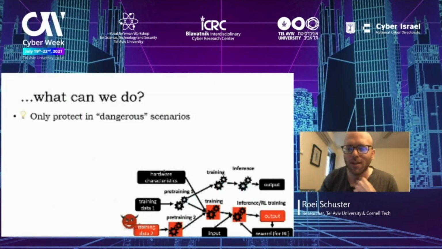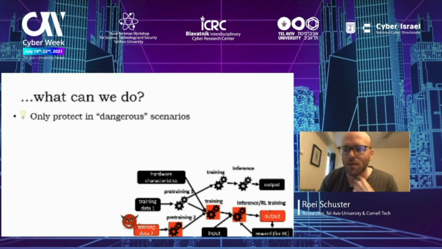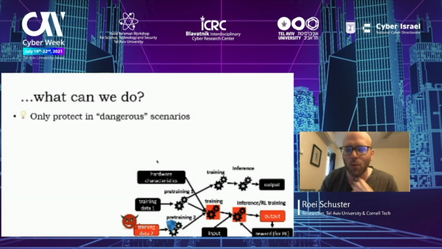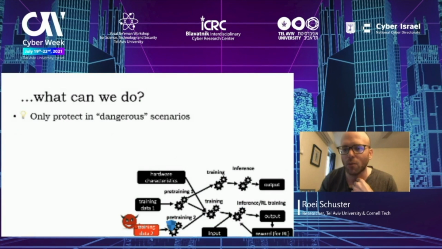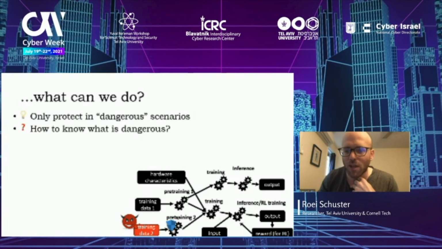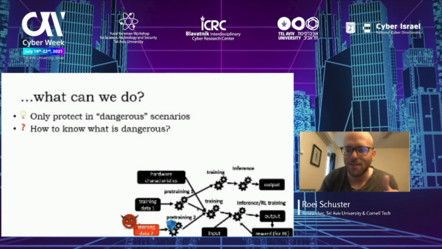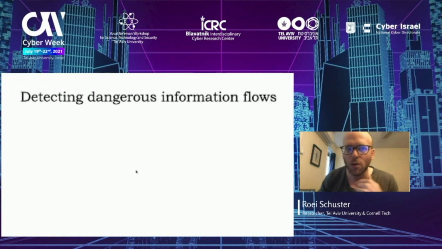Maybe if we could identify that here there is training data that comes from some untrusted source and it goes to some trusted output, then maybe we can just protect this pre-training procedure and then everything in our pipeline as well. But how do we even tell that this pre-training procedure can be protected and that this is the hotspot that we need to protect? There's currently no way to do this.